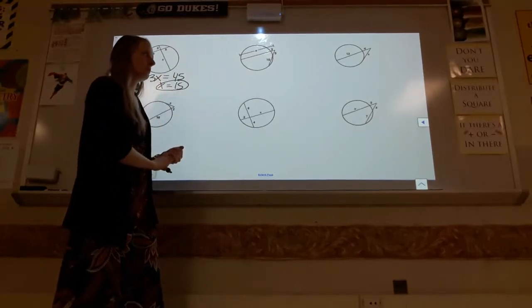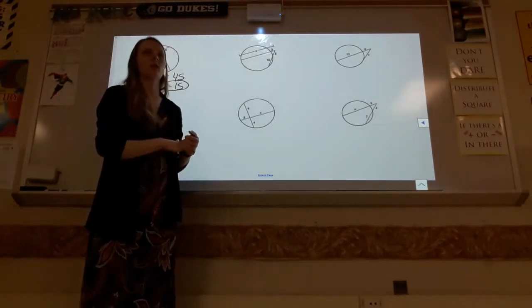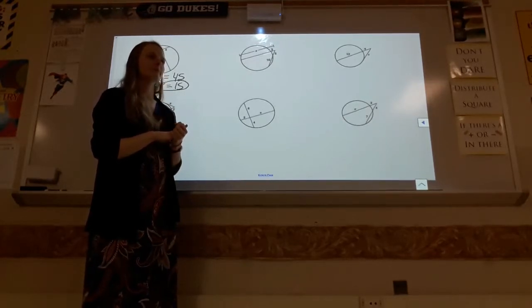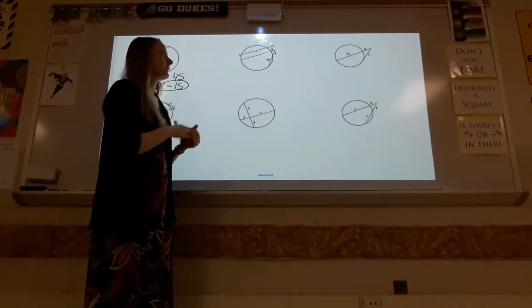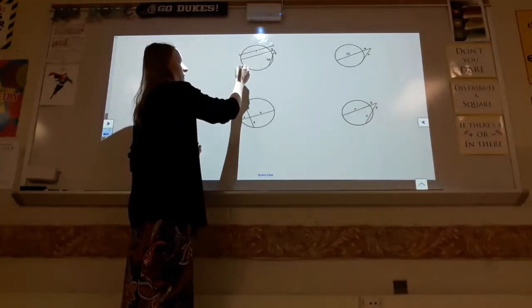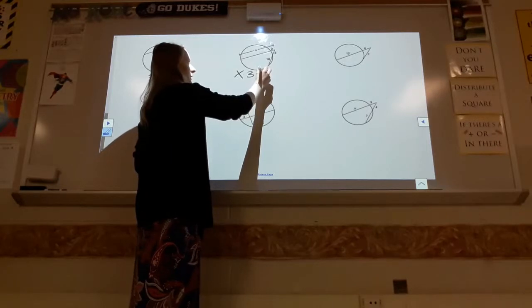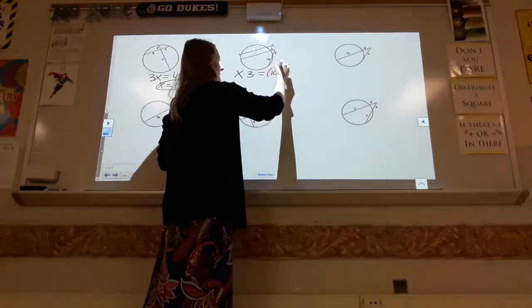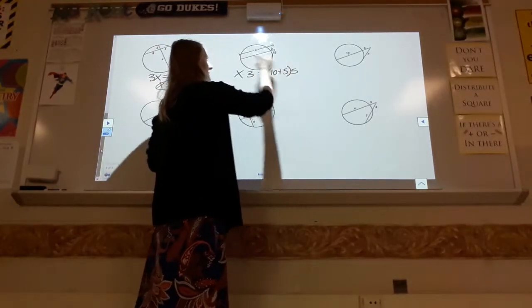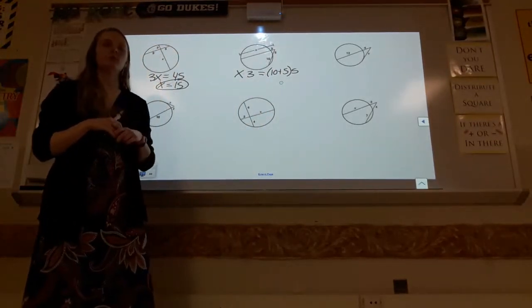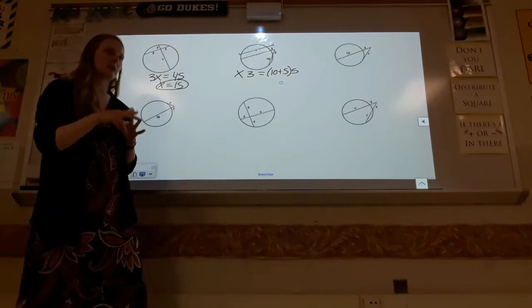So who can tell me what the formula would look like? What is the full length of the upper secant? I heard some people subtract, I heard some people try to add.